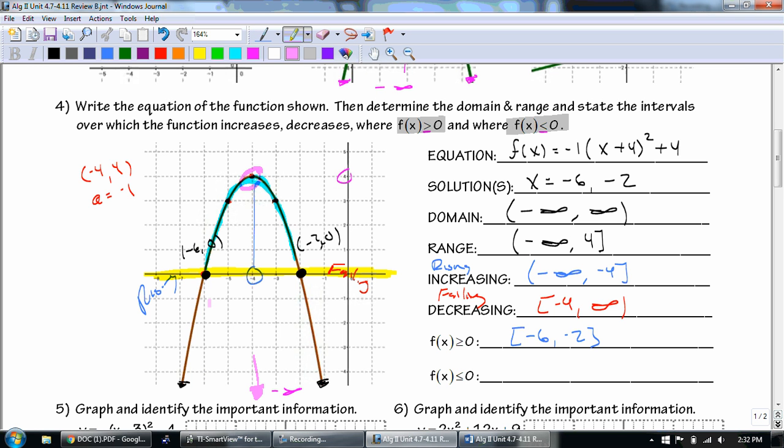And then where are we below? Where we're below 0 the rest of the time. We're below 0, less than or equal to 0 from negative infinity to negative 6. There's a break. That's where the union is. I'm going to make that look like a better bracket. And then from negative 2 to positive infinity.